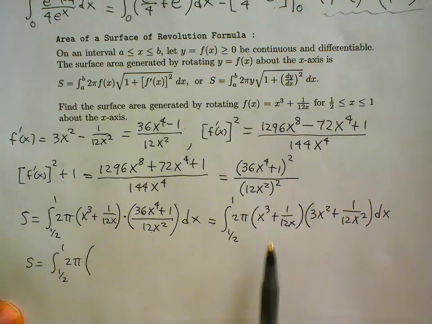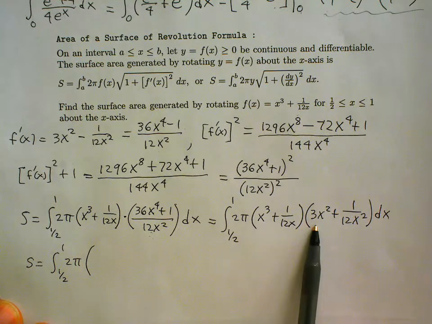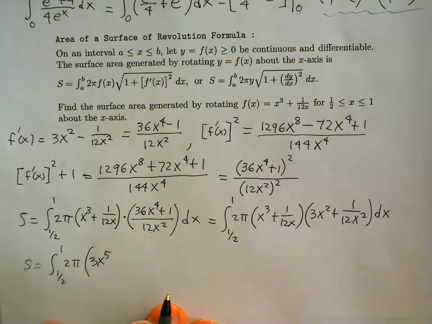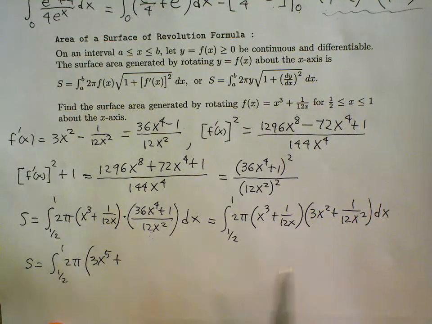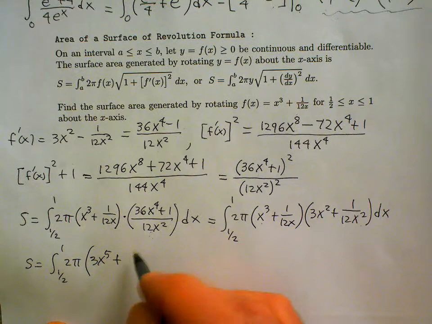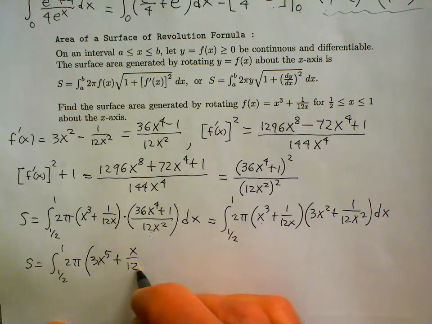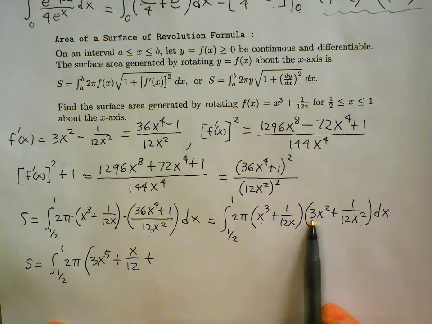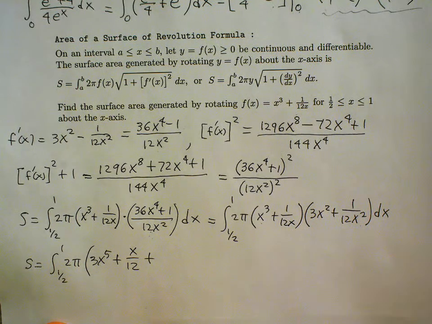So let's just multiply those two quantities. x to the third times 3x to the second is 3x to the fifth. And then plus x to the third times 1 over 12x to the second is x over 12. And then 1 over 12x times 3x to the second is x over 4.